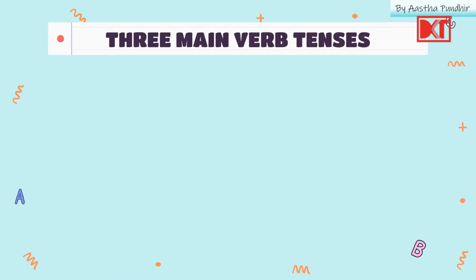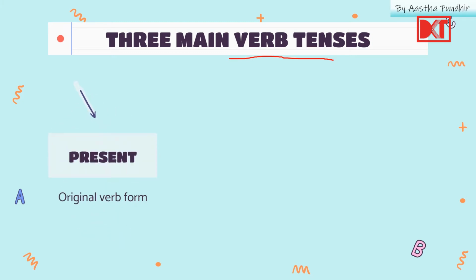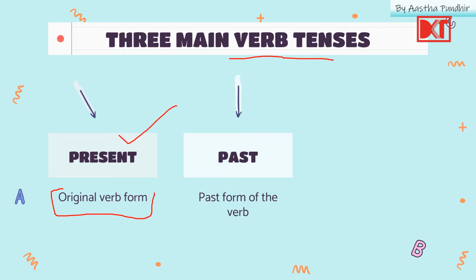Now there are three main verb tenses. What are these? Let's see. First is present. Present means the current situation, the current time, and it is the original verb form. Second is past.